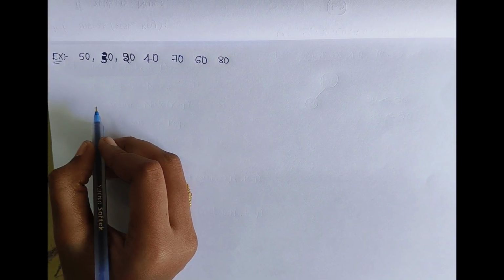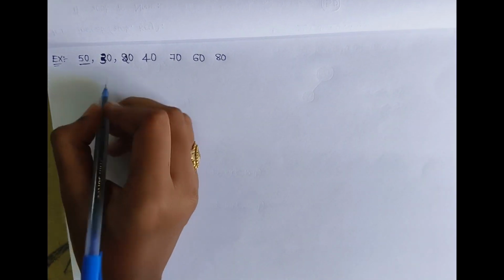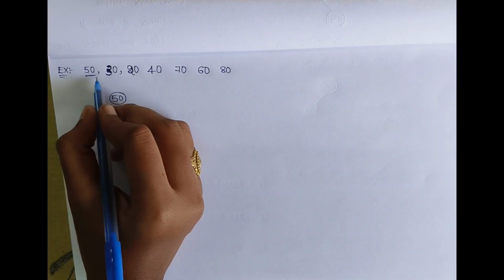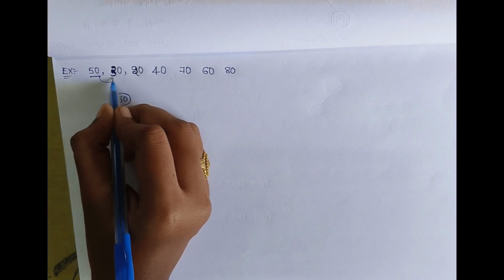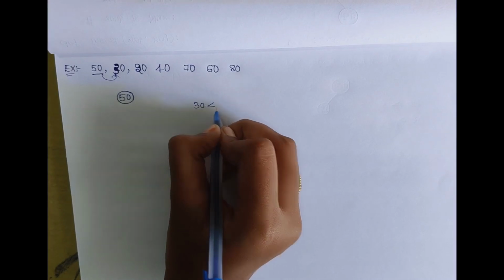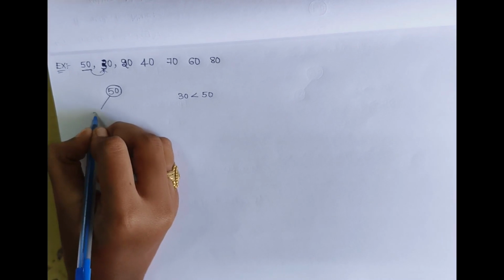Insertion in binary search tree. First consider 50. Here 50 we can insert directly. And then take 30. Here 30 is less than 50. So we have to insert as left subtree of 50.